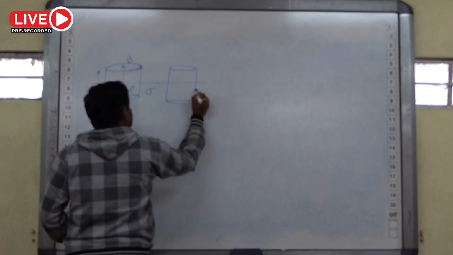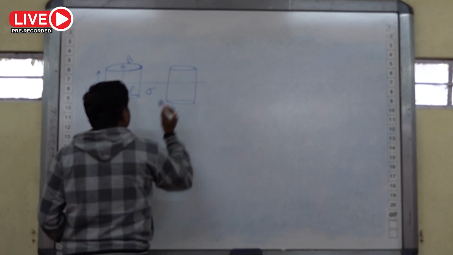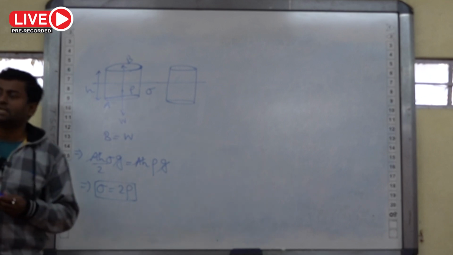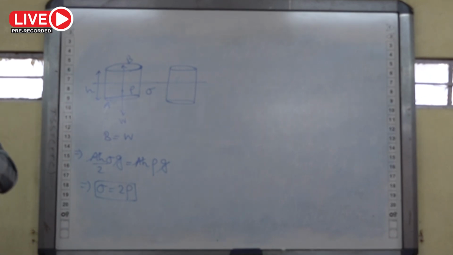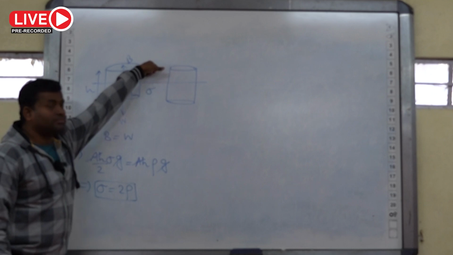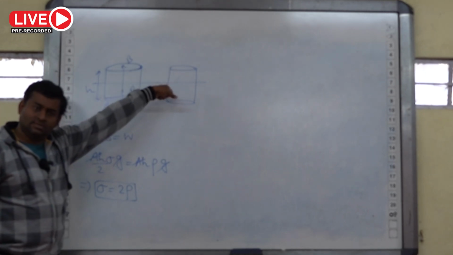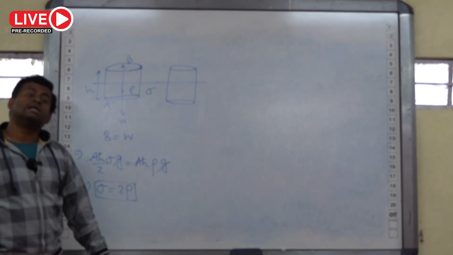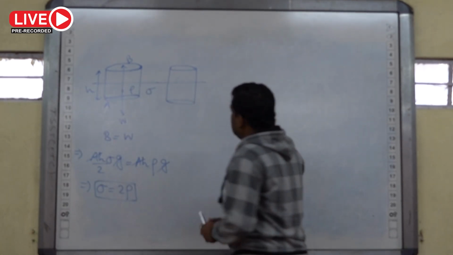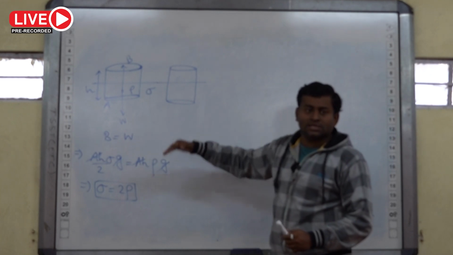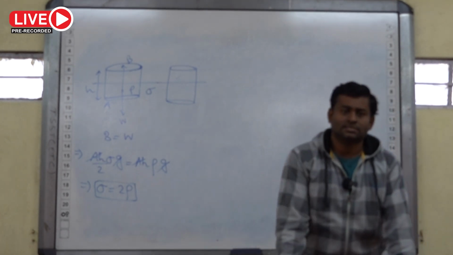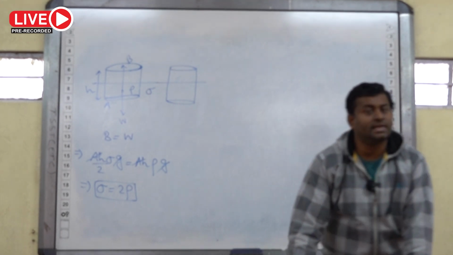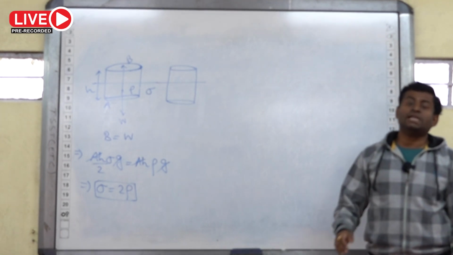More volume of the cylinder is now immersed in liquid. Now when you release, what happens? When more volume is immersed, which force increases? The buoyant force increases, because the displaced fluid amount will increase.